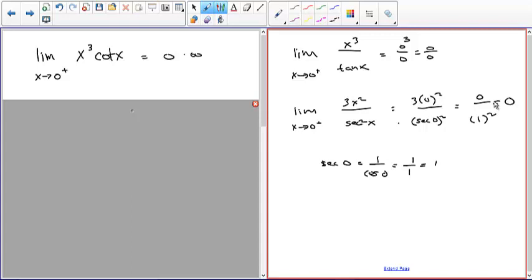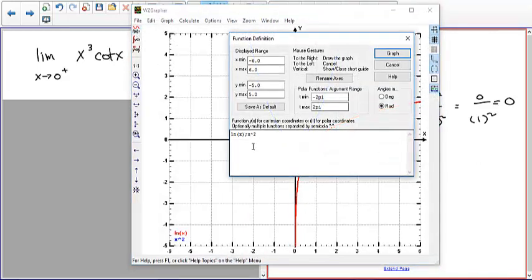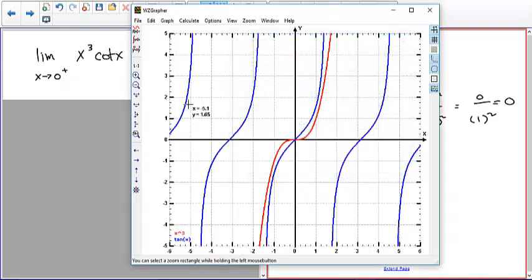And again, if you plot x cubed versus the tangent of x, let's look at the relative sizes of those functions as x approaches 0 and see if we can graphically figure out what's going on. So we'll have x cubed and the tangent of x, and we'll zoom in.